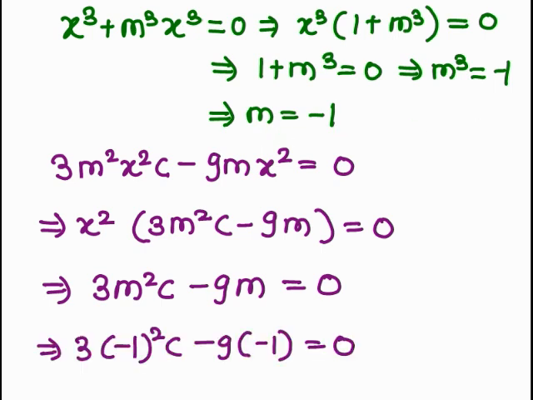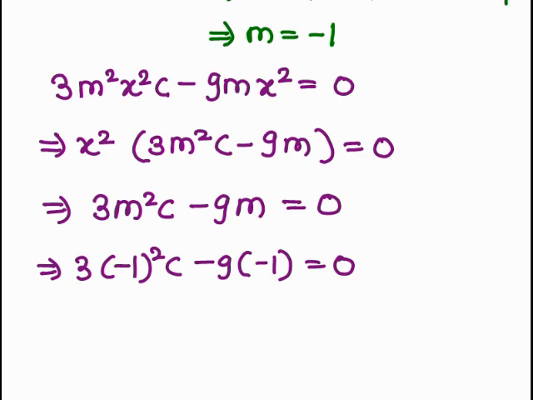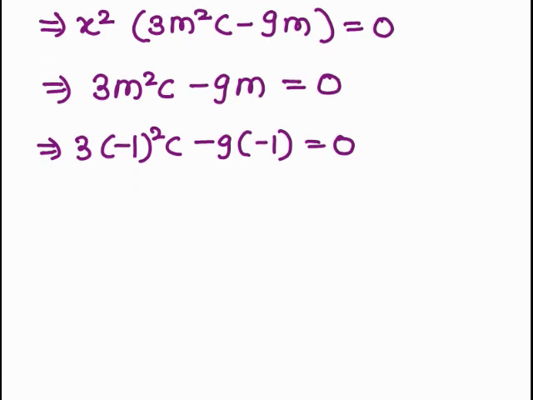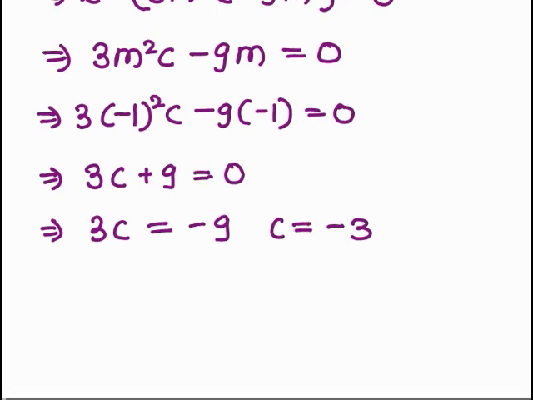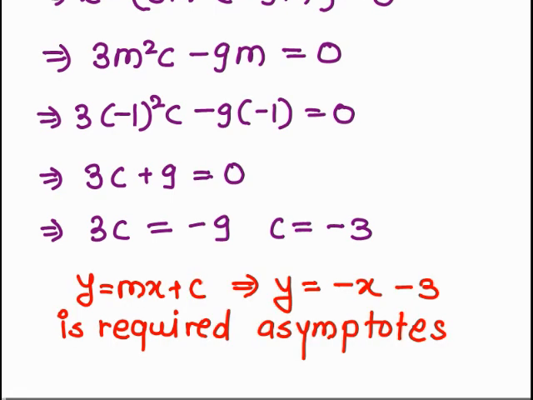Substituting that value, we get 3 times (minus 1) square c minus 9 times (minus 1), that is 3c plus 9 equal to 0, that is c is equal to minus 3. Therefore, the required equation of the asymptote is y equal to mx plus c, where the value of m is minus 1 and c is minus 3.